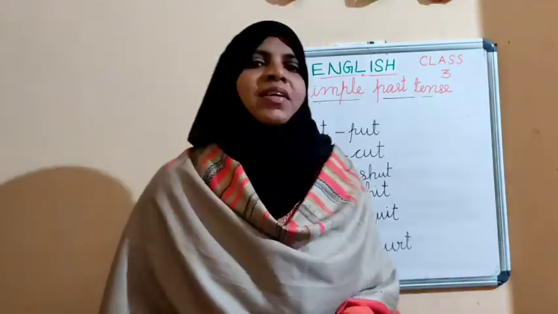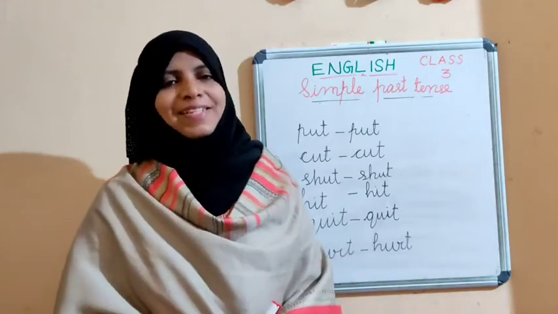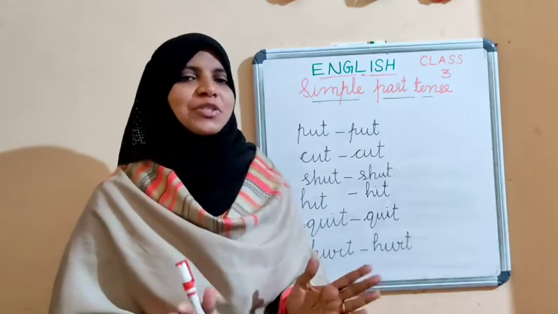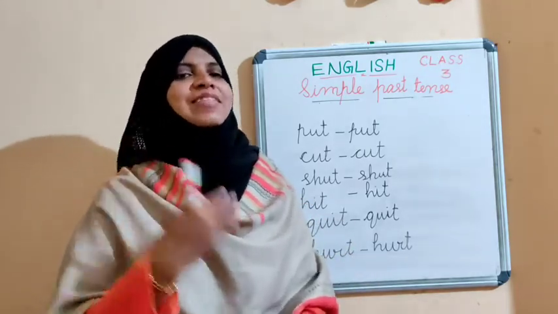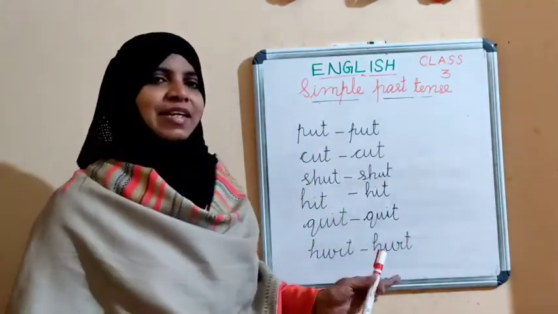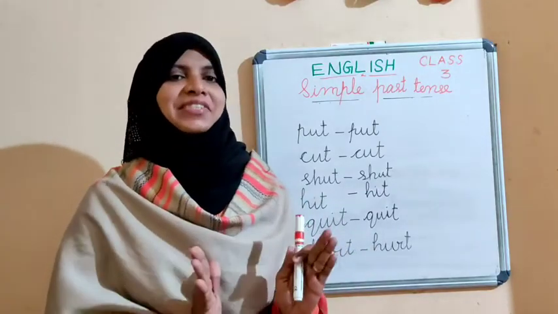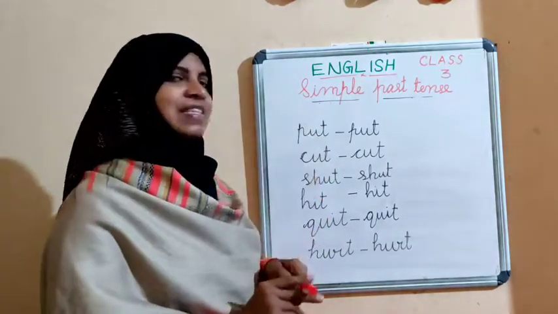Okay, children? Now some verbs are there that do not change in the past tense. It's not there in your textbook. You don't need to bother about that. In 3rd standard, you will study it at a higher level. But I just explained that some verbs will not change. See, put is present tense.